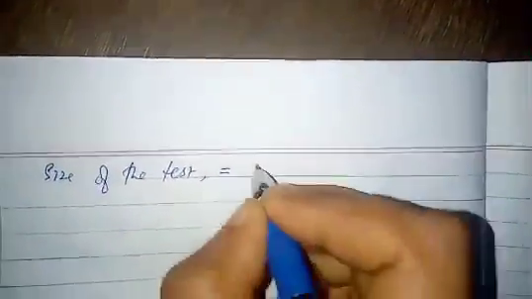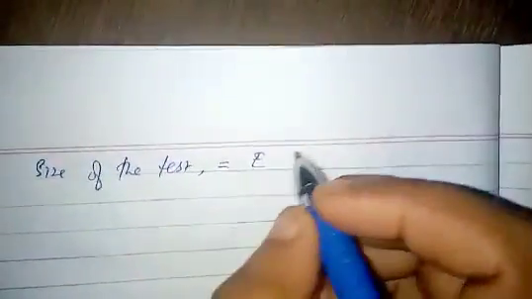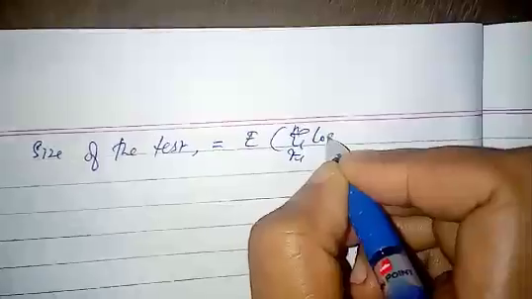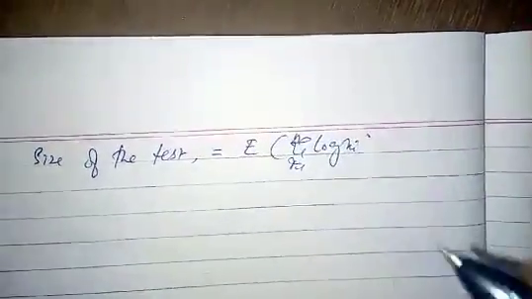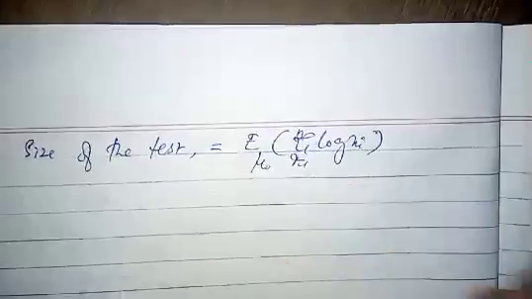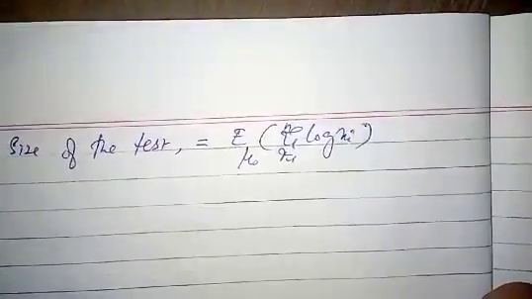Then what is the size of the test? The size of the test is equal to the expectation of the summation, i from 1 to n, of log xi under mu equal to mu naught, right?